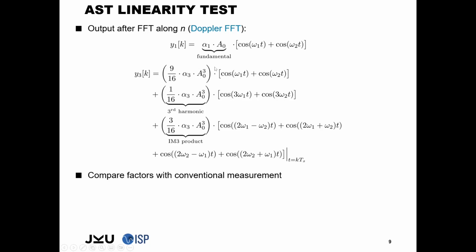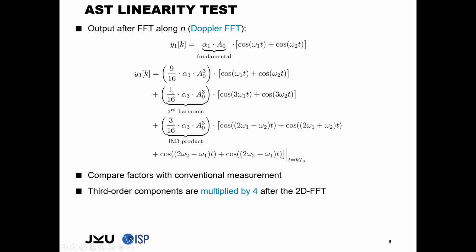We also get a term with 9/16, but this is not a frequency of interest because it is in the third order plot and it's on the fundamental frequencies. But that's not really interesting for us because the fundamentals are in the fundamental plot. I will show you afterwards what I mean by this.